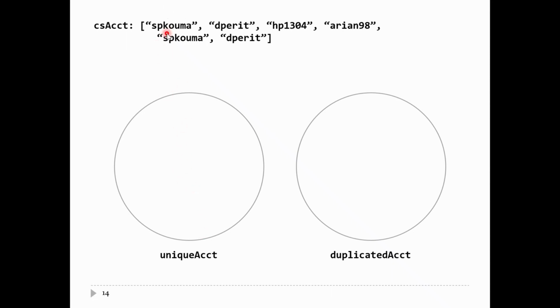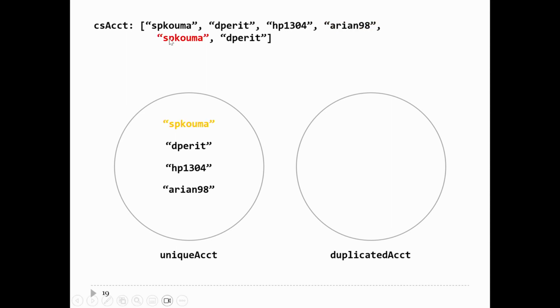So you start the loop. First account name, empty set, so it gets added to the set. Second account name, D Parrot, not in the set, so it gets added. HP1304, not in the set, so it gets added. Fourth account name, not in the set, so it gets added.